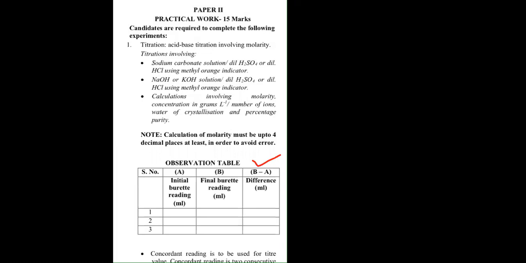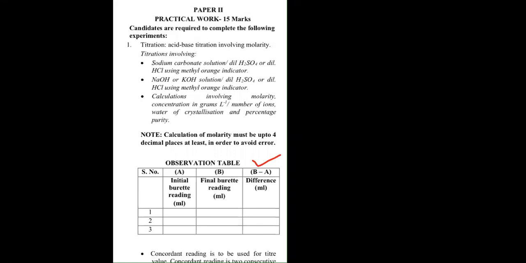And in the readings that you take, concordant readings have to be reported. As we do the practicals, you will understand what a concordant reading is, but anyway, concordant readings would mean two exactly the same readings. What I'm talking about will become clear when we move to doing the practicals.